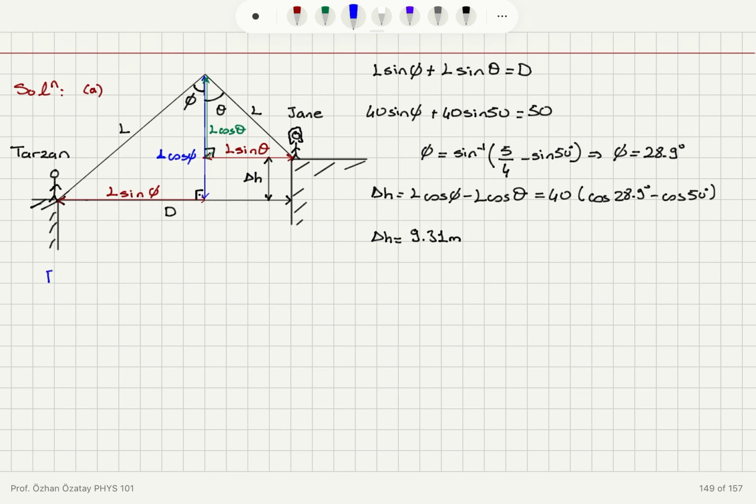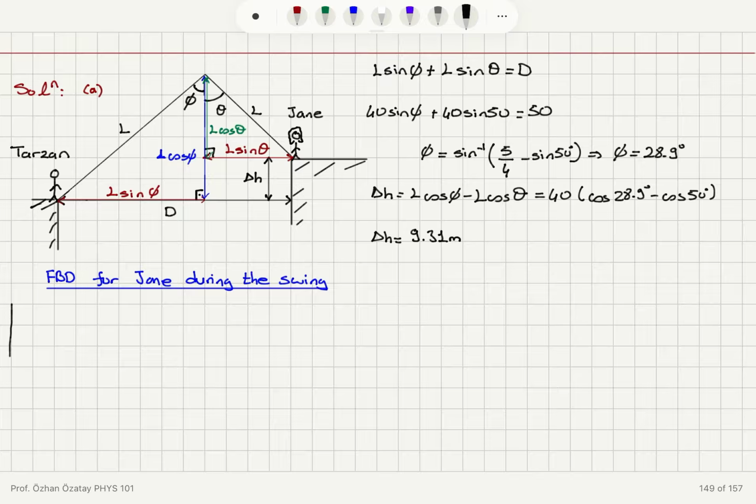Now, this is part A of the problem, I want to draw a free body diagram for Jane, and I'm going to do this during the swing, because when Jane is on the other side, there is a normal force, contact force with the ground, but as soon as she starts the swing, this force will disappear, obviously.